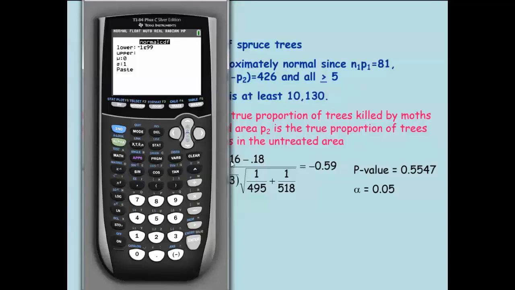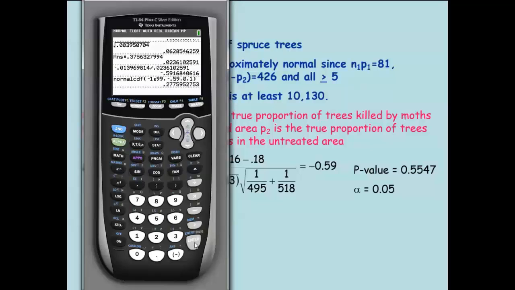So I want to go from negative infinity all the way up to negative 0.59. So negative infinity would be the negative 1 e to the 99, in case you didn't have it in there. Up to an upper bound of negative 0.59. And then since it's a z-score, we'll keep the mean and standard deviation at 0 and 1.